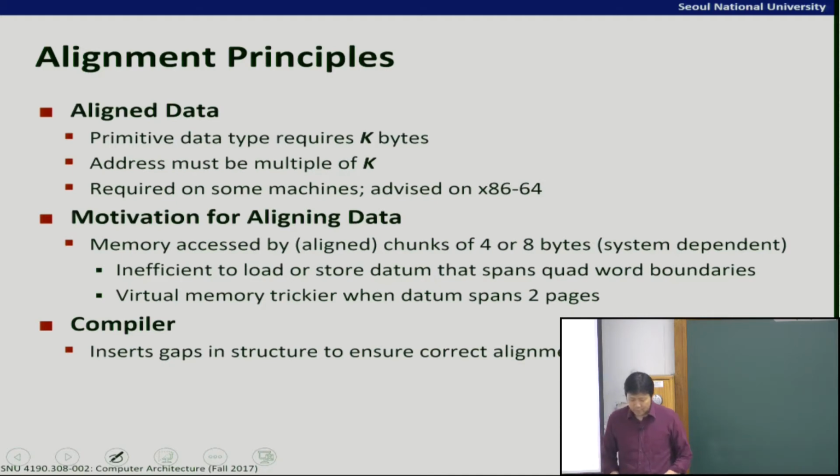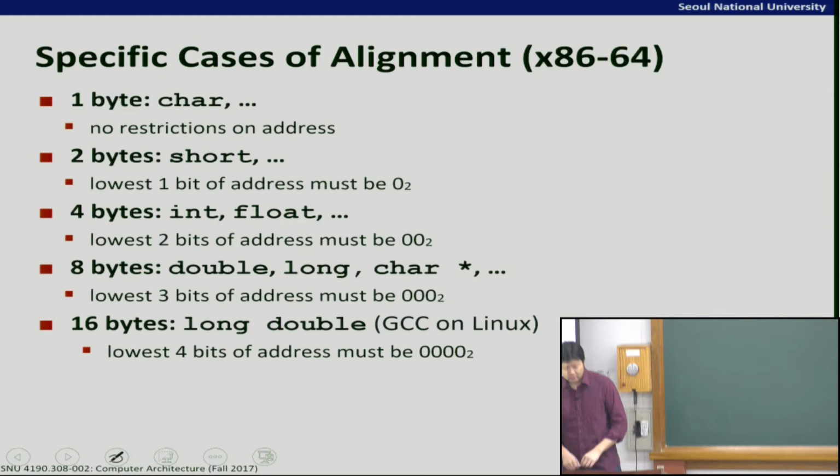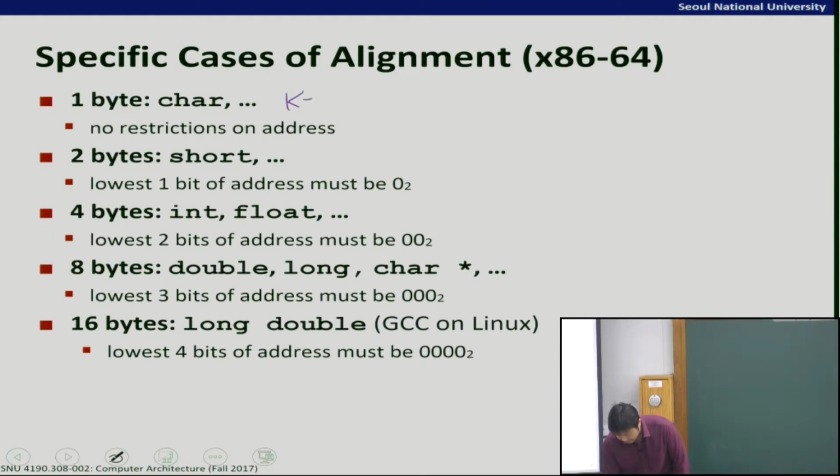Okay, and the compiler automatically inserts gaps. This is also called padding, by the way. It inserts those gaps in the structure to ensure the correct alignment of fields. So in the specific case of 1-byte alignment, there's no restriction because k is 1. If your primitive data type requires only 1 byte, then there are no restrictions on the address, because every address is a multiple of 1.